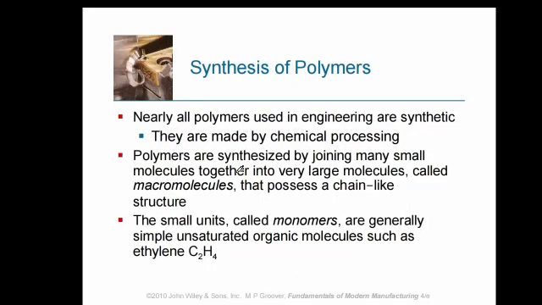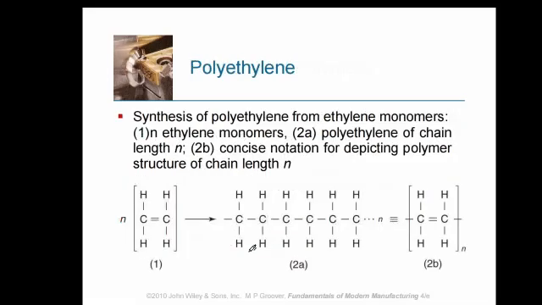And then we talked about synthesis of polymers in the previous lecture, and we said the process by which polymers are made is known as polymerization, and it involves joining many monomers together to form a macromolecule. And these small monomers are usually unsaturated organic molecules such as ethylene, with double or triple bond molecules.